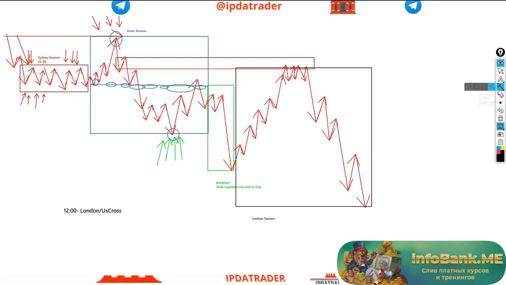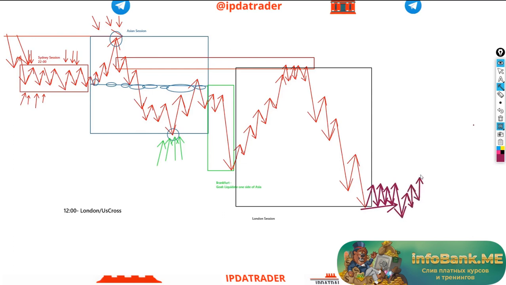Pre-New York will most likely, and we're going to use this color for New York, induce people to keep selling, right? Maybe have a little break below lows, and it will induce people to sell.